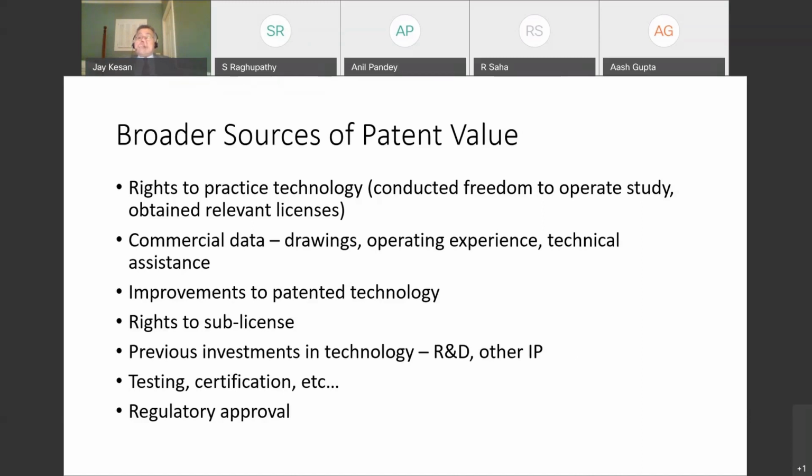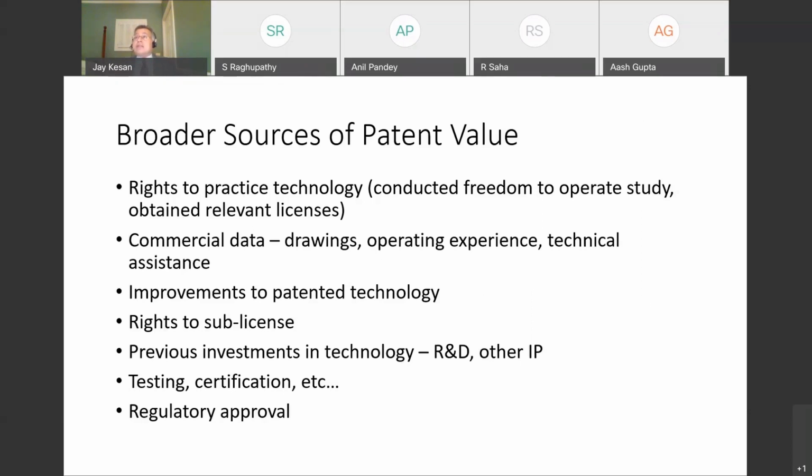Do you have commercial data, drawings, operating experience, technological data? You can offer certain technical assistance, etc. Then that increases the value of your patent. What about improvements to the patented technology? Do you have those improvements, or are you engaged in additional improvements? So you have additional downstream patents already. That might be important.